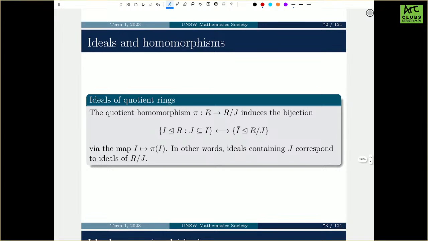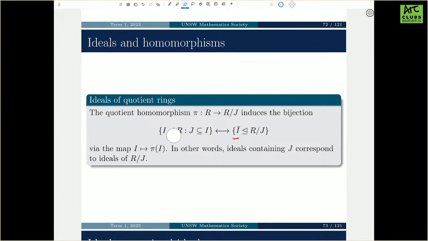Okay. Ideals of quotient rings. Here's a fun result. So the quotient homomorphism, which sends an element of R to its coset of the ideal J, induces the following bijection, which is a bijection between ideals I in R that contain J and ideals in the quotient ring R/J.